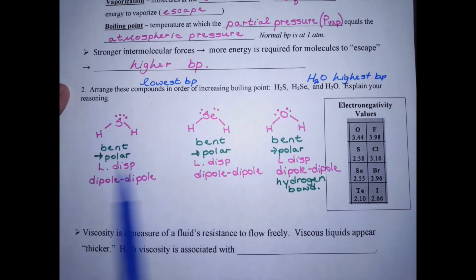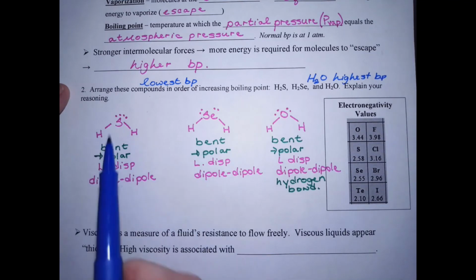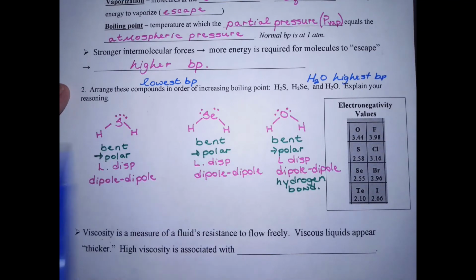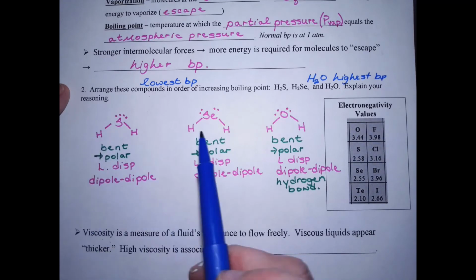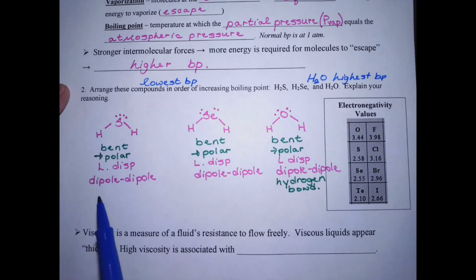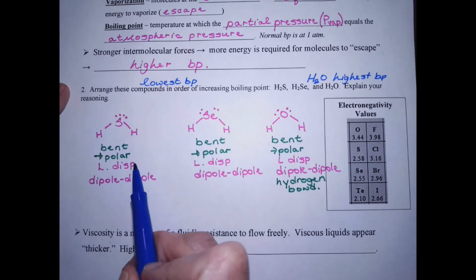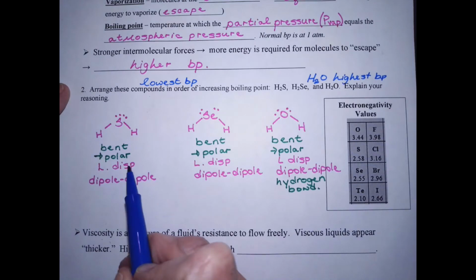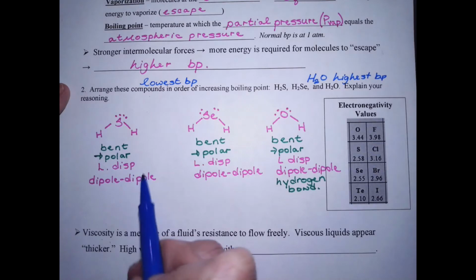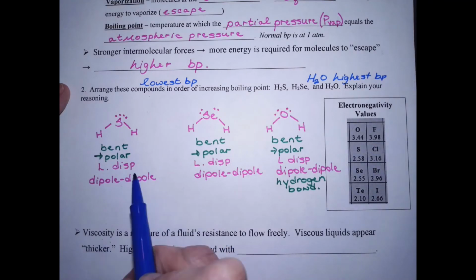Now, it seems like there's a tie between the dihydrogen sulfide and the dihydrogen selenide. Let's think about this. We're going to have to make some kind of judgment as to which one has stronger forces.